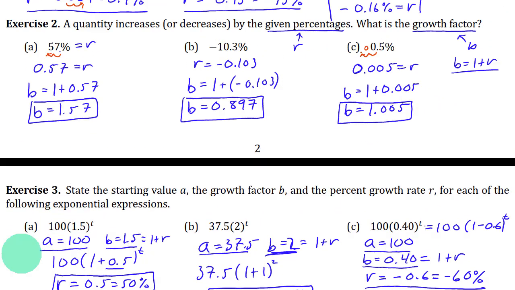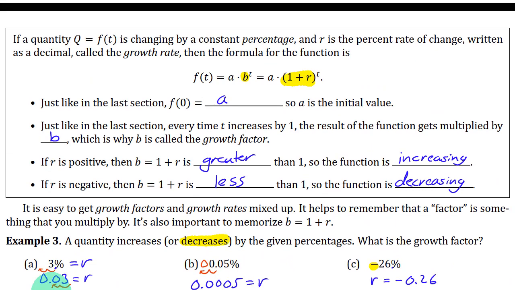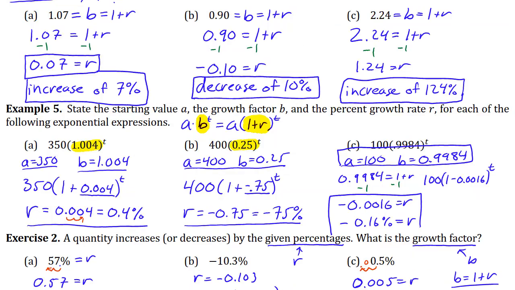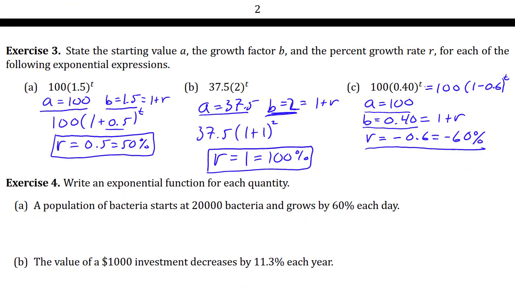So the starting amount, if you need to go back here and review it, the initial value is always A. So A here is 20,000. And it's saying it's growing by a certain percent each day. The percent that it grows by is R, which is 60%. If you write that as a decimal, it's 0.60.